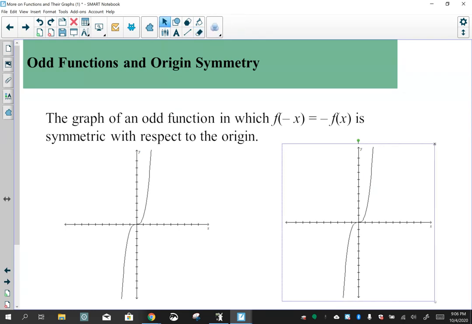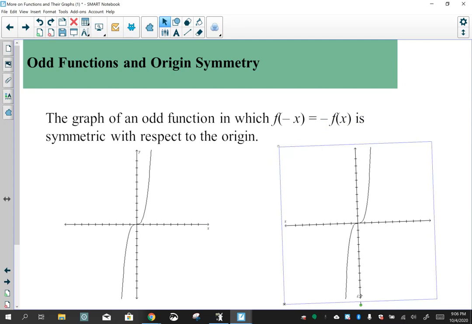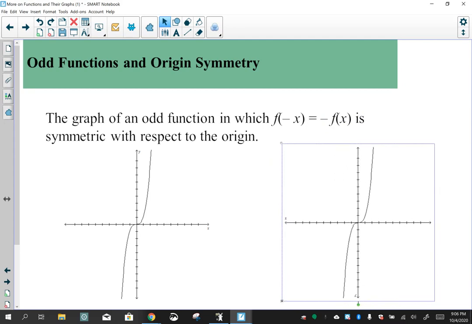If you take your calculator and graph it, and then say, okay, calculator, we're going to see if you're odd, because that's what we're focusing on. If you flip this upside down just like that and you get the exact same graph back, you have an odd function. So if you look at this, notice down here I flipped this graph upside down and I have the same graph.